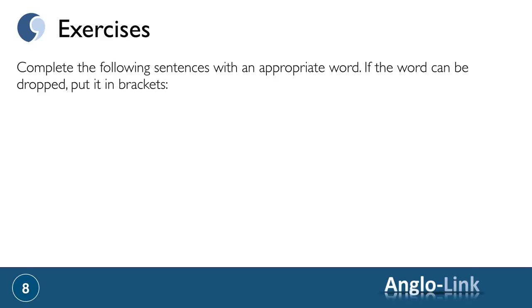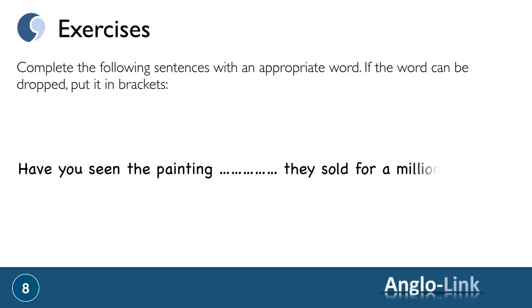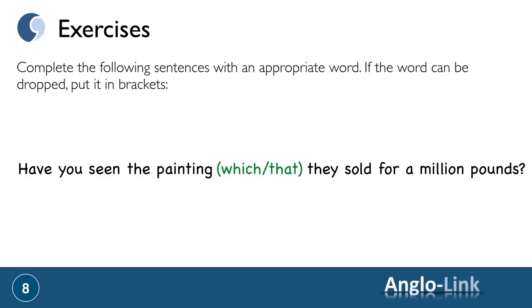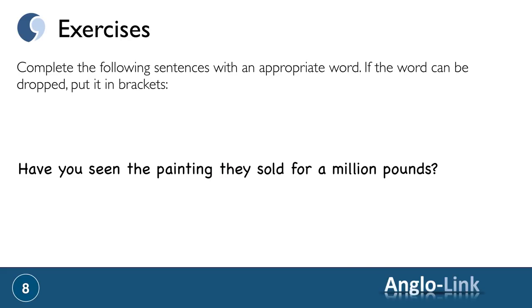Number 8. Have you seen the painting they sold for £1 million? Have you seen the painting which or that they sold for £1 million? You can drop the relative pronoun. Have you seen the painting they sold for £1 million?